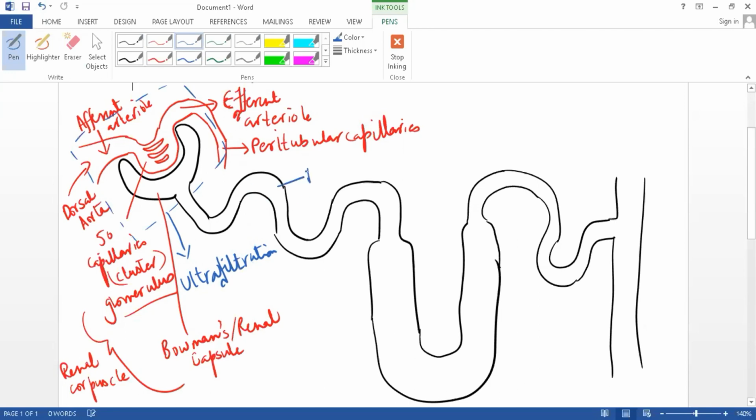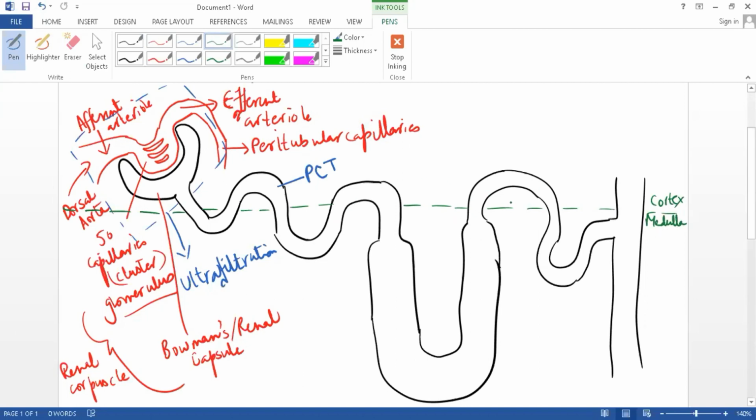Next is the proximal convoluted tubule. It is convoluted, and as I've told you, this is cortex. This is medulla.